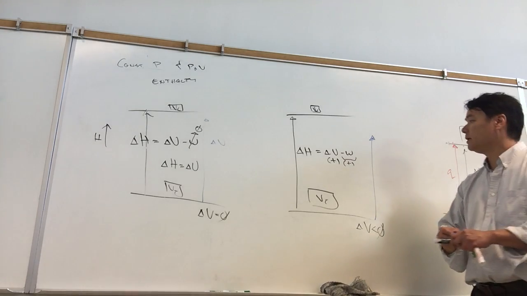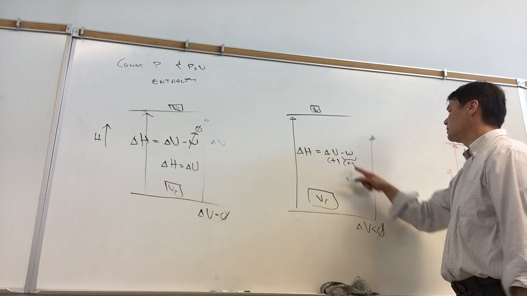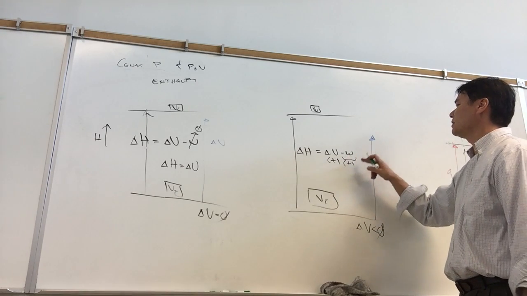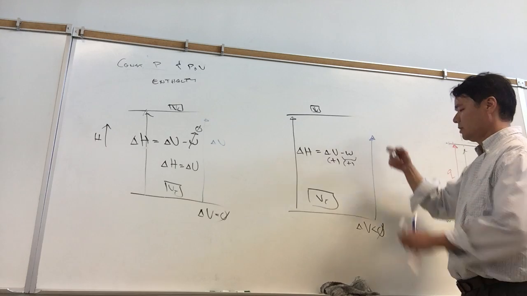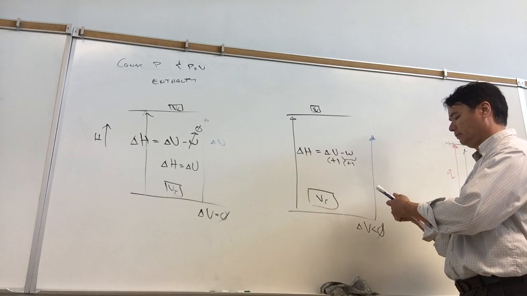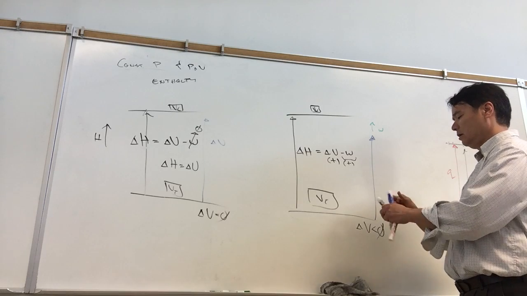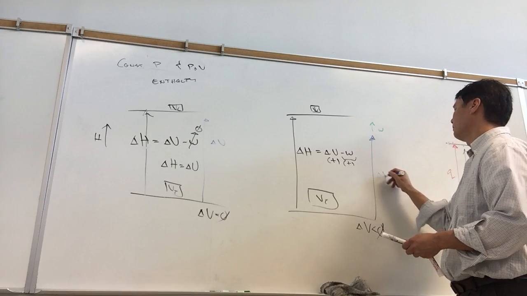The work term should be positive, right? Negative times a negative gives us a positive. So this whole term is positive. So this is positive, this is positive, then we should end up with something like this. The work and the delta U here.